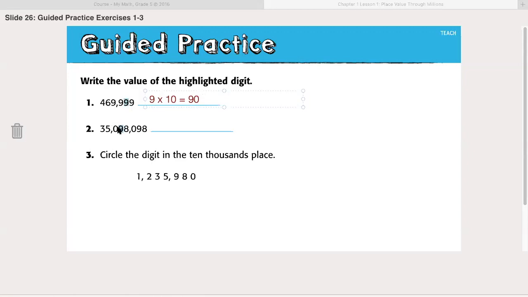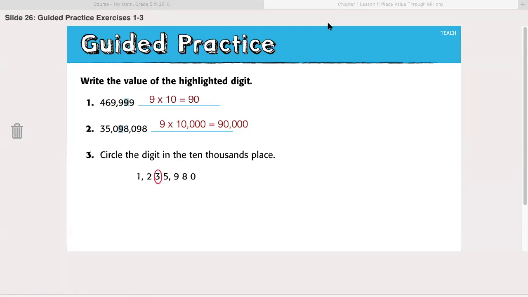Number 2, the value of the highlighted digit is 9 times 10,000. It's in the 10,000s place. 9 times 10,000 equals 90,000. Okay. Number 3, circle the digit in the 10,000s place. The 10,000s place is this 3.